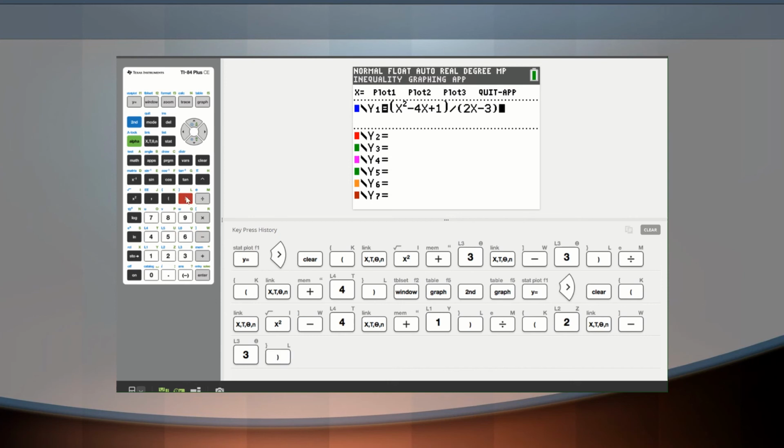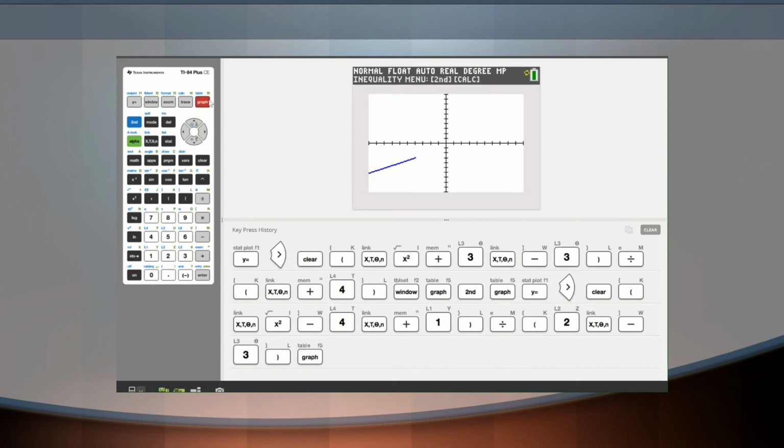Close off that parentheses, and let's go look and see what the graph of this looks like. All right, so again, I've got an asymptote we said was going to be at about 3/2, and if I look carefully at that graph, that looks about correct.